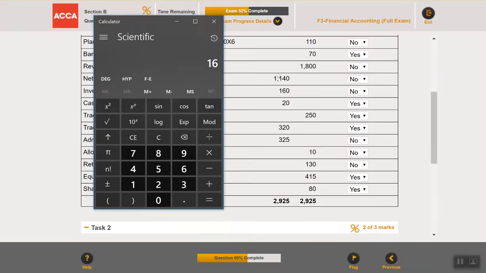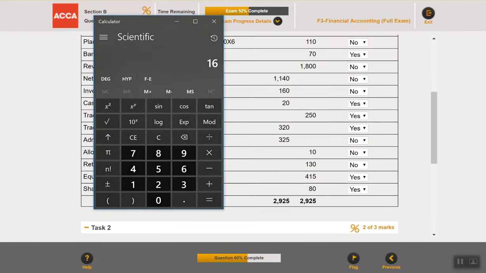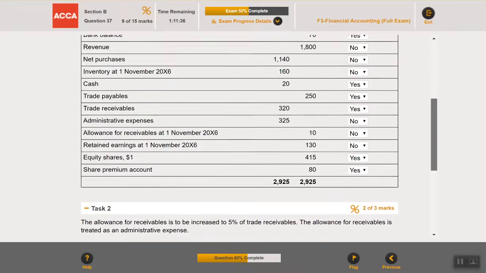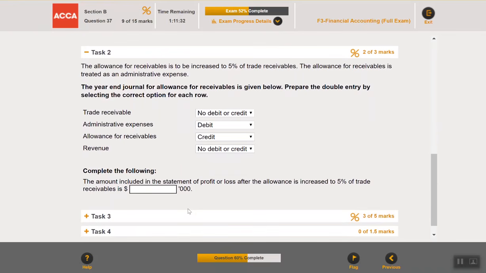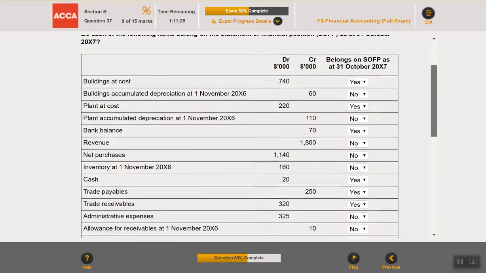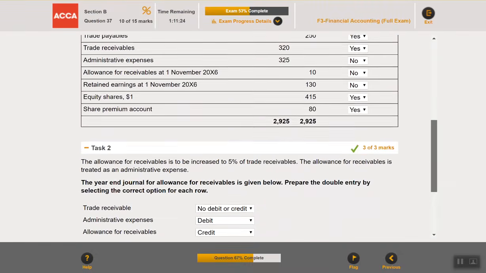But we already have allowance, which is 10. So we only charge the difference, which is 6. Debit bad debts, credit allowance. So the figures are in thousands, so we only write 6. So this task is also completed.